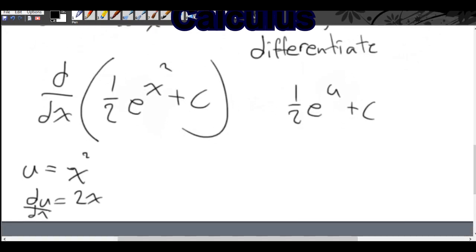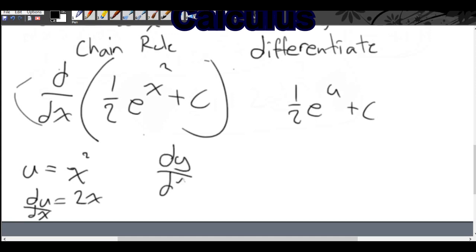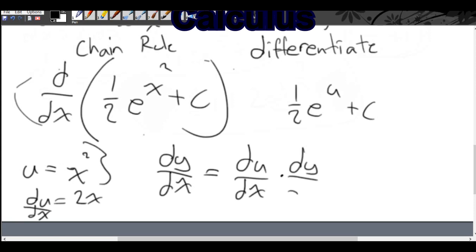Remember that in differential calculus, there's this thing called the chain rule. Now the chain rule states that dy over dx is equal to dy over du times du over dx.